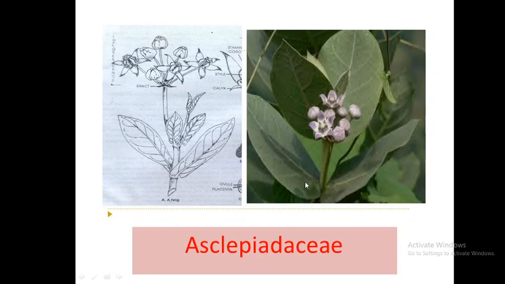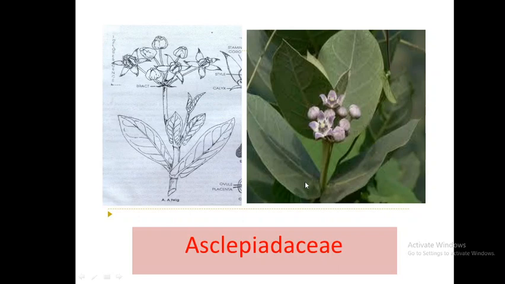Now, vegetative characters of this family. The plants are perennial herbs, example Asclepias; shrubs, example Calotropis; or woody climbers, example Tylophora, Daemia, Leptadenia. Dischidia is an epiphytic climber.